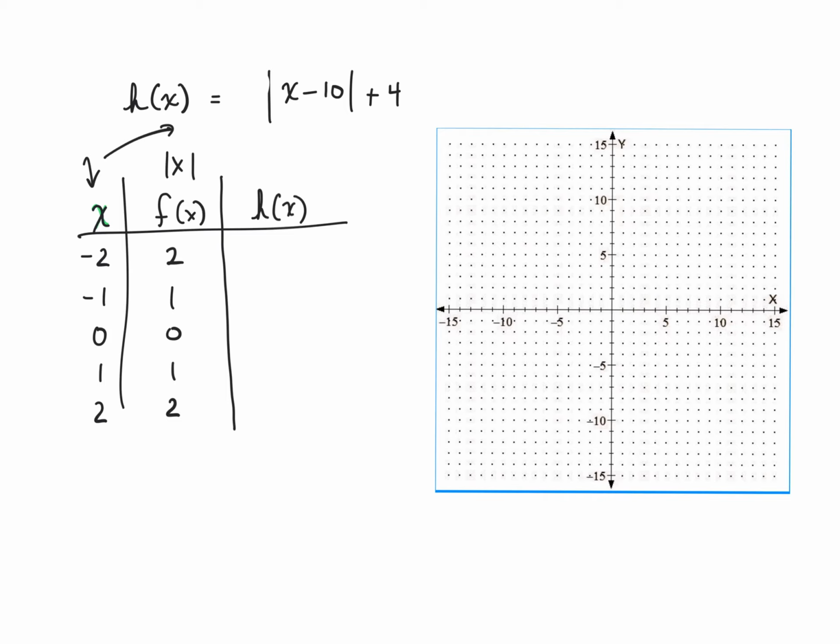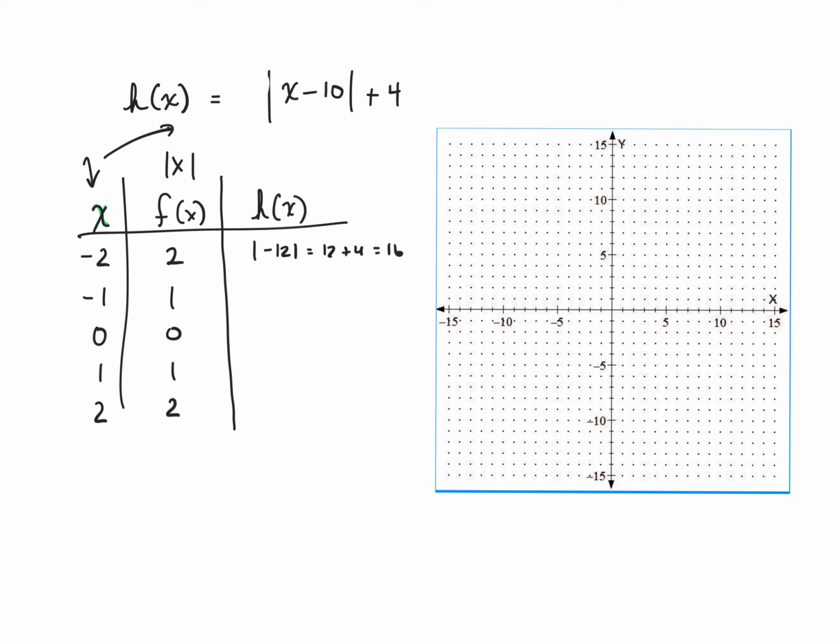So -2 minus 10 is -12, and the absolute value of negative 12 is 12. Then I'm going to add 4 to that, which produces 16. Wonderful. Then I go to negative 1. Negative 1 minus 10 is negative 11.